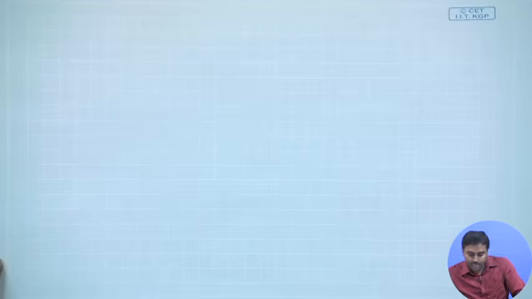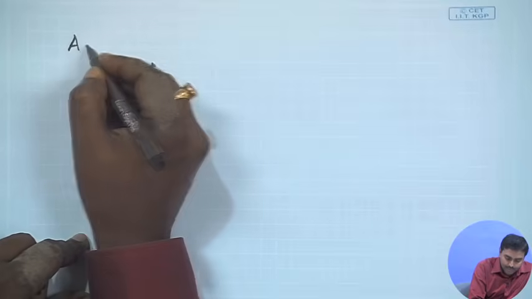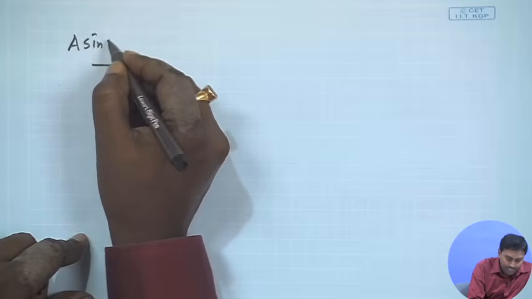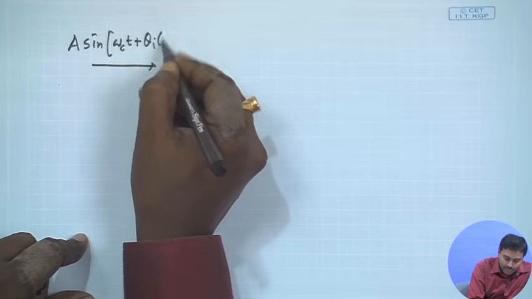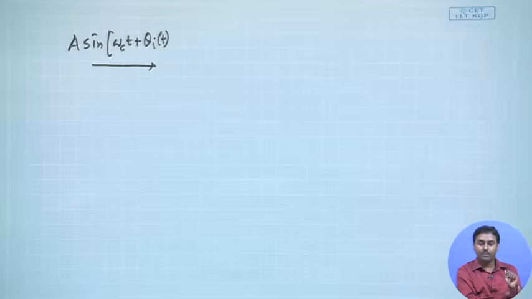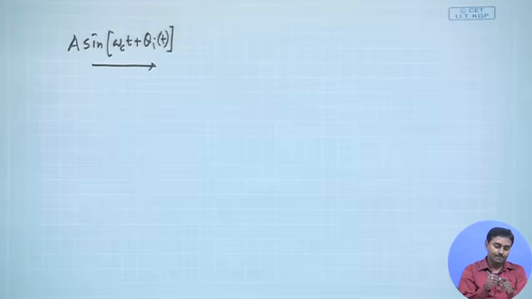Okay. Now, let us see how we use the VCO for PLL. So, it is like this. I will have a signal which is A sin(omega c t plus theta I(t)), which is coming. Okay. Remember, this is the carrier I am getting.